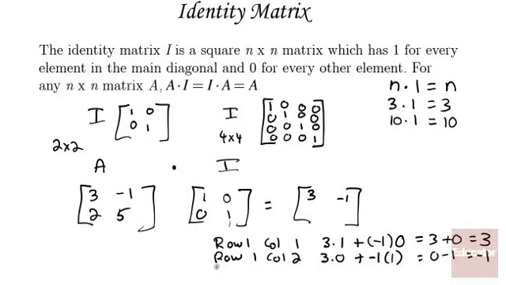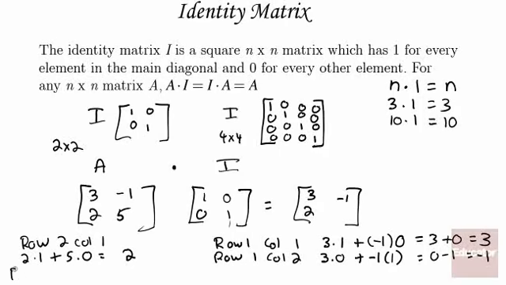And continuing on now to the second row, row 2, column 1. Row 2 of A times column 1 of the identity matrix is going to give me 2 times 1 plus 5 times 0, which is going to equal 2 plus 0, which is 2.